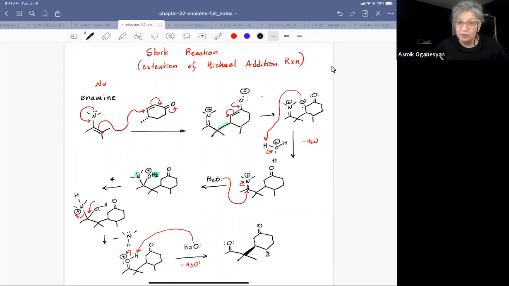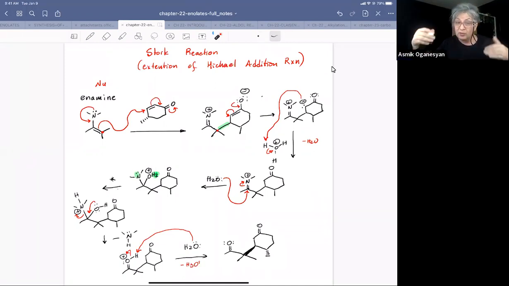Now, if indeed you're given your enamine, then you're going to proceed with the reaction, identifying the alpha position next to the carbon to nitrogen bond. You recognize this alpha position, and you move the reaction mechanism, your prediction of the product, all the way to formation of Michael adduct.